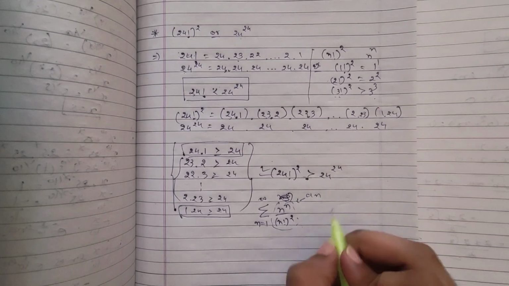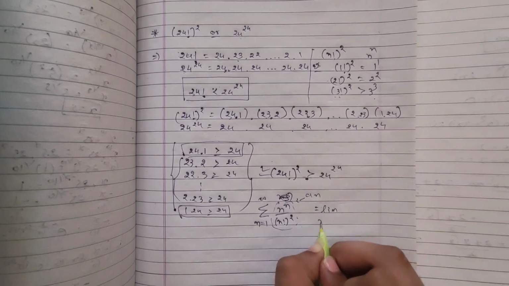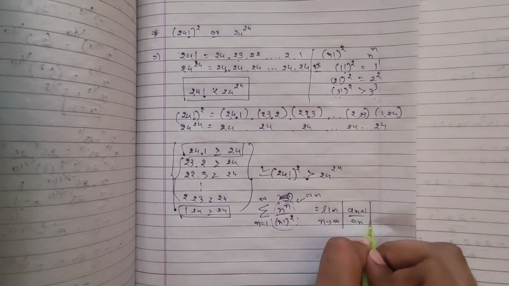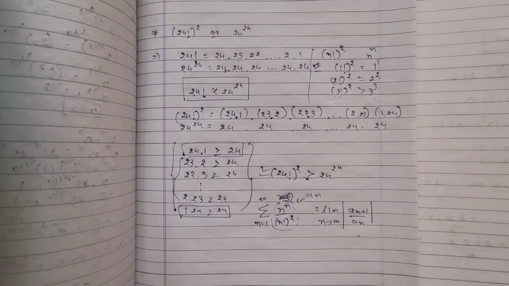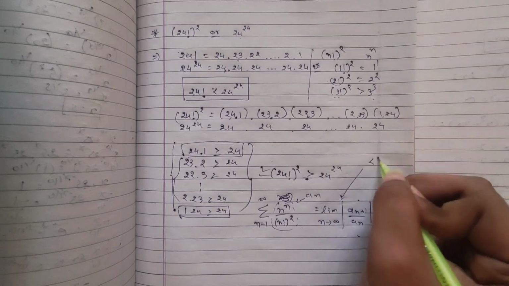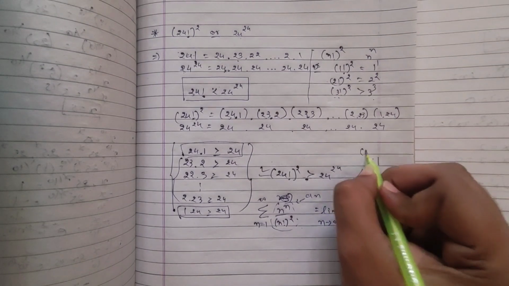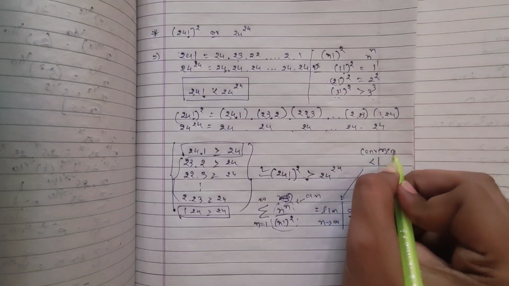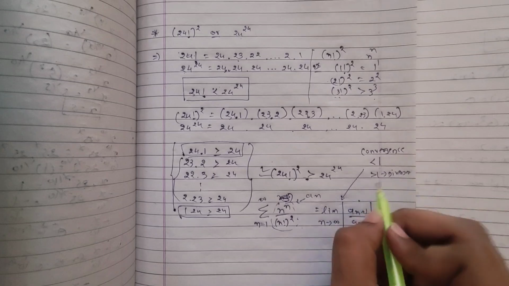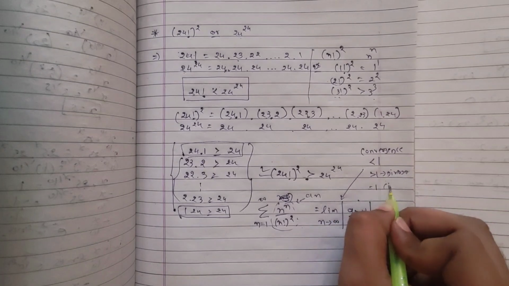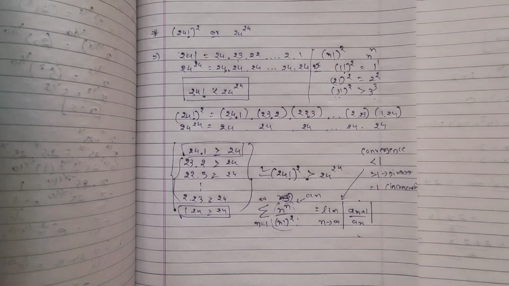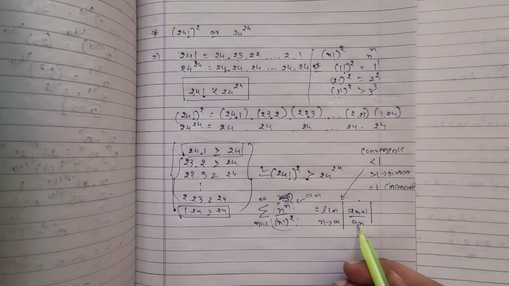Pay attention, limit n tends to infinity, a n plus 1 divided by a n. Now whenever the result is less than 1, then this series converges, right? If it is greater than 1, then it diverges, right? And if it is equal to 1, it is inconclusive, which means we don't get any particular decision, right?